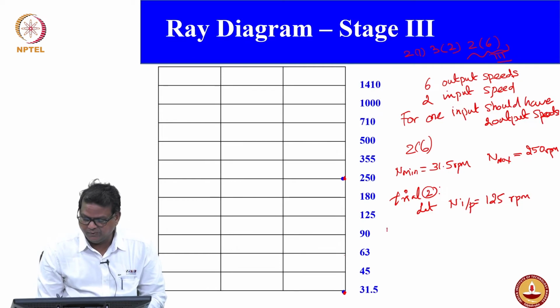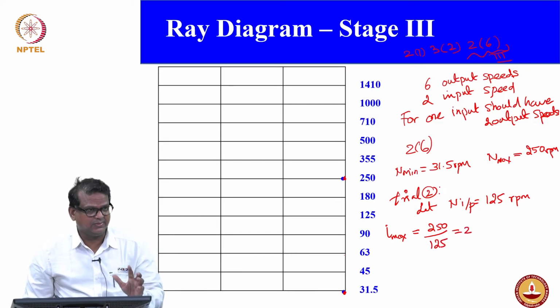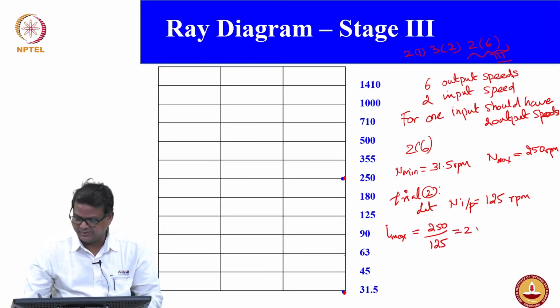So, for I max, I have 250 rpm by 125 rpm, which gives me 2, which is less than or equal to 2, which is correct.